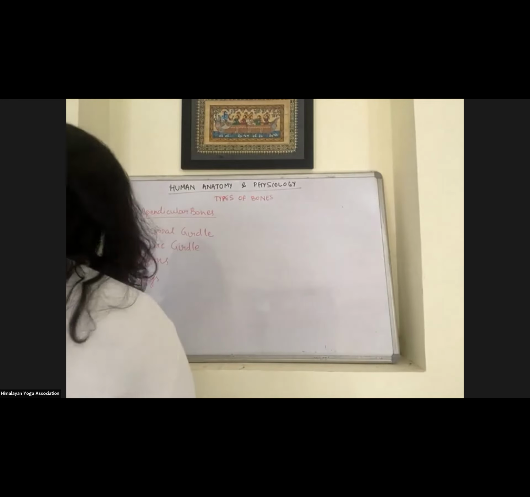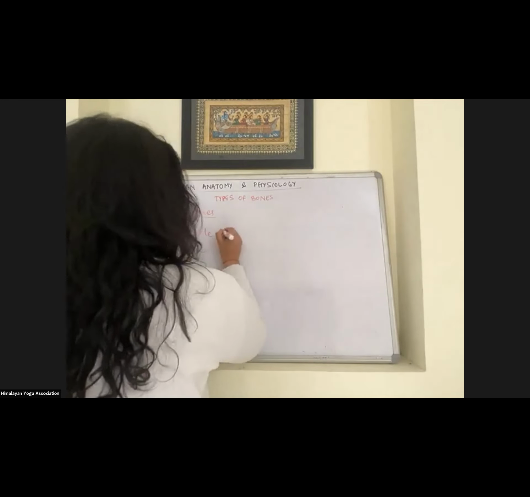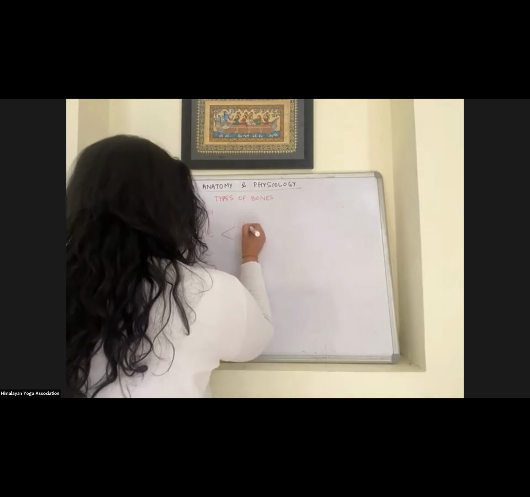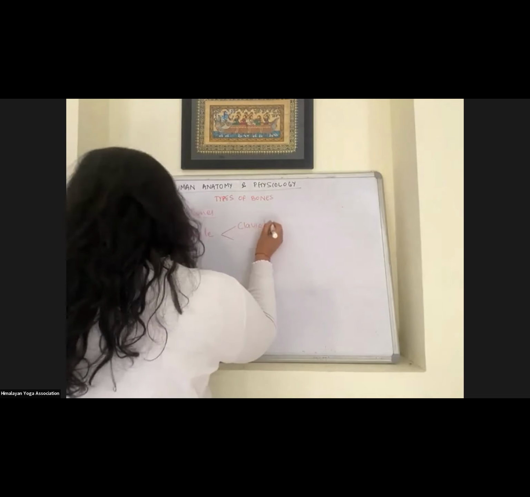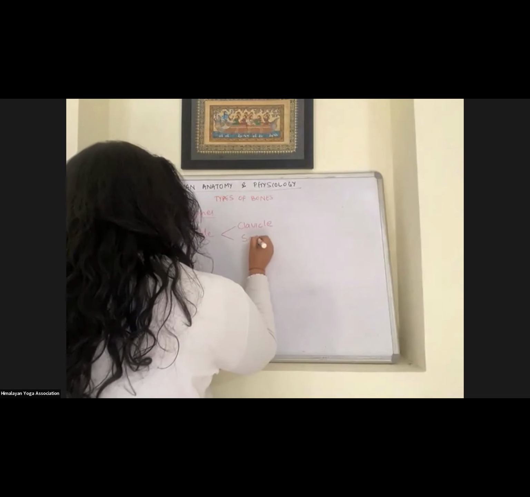Okay. So in pectoral girdle, we have clavicle and scapula.